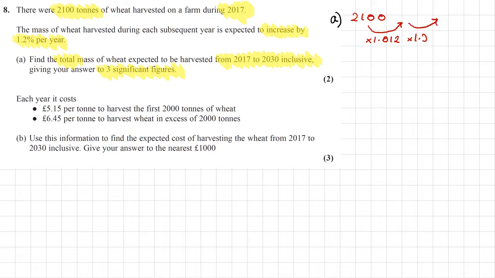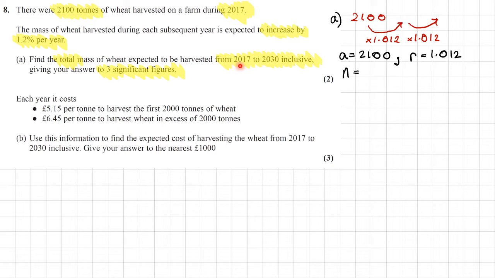That would give you an increase of 1.2%. So our starting value, a, is 2,100. Our common ratio, what we're multiplying to get the next term, is 1.012.